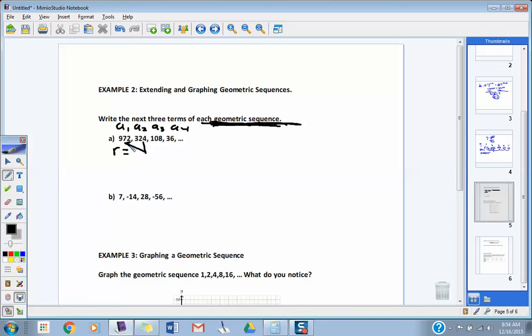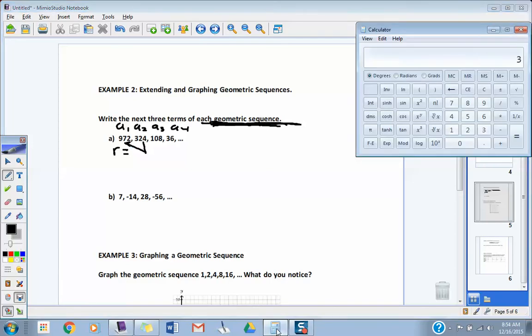Okay, so watch this real quickly, guys. I go 972 divided by, whoops, I've got that incorrect. I would go 324 divided by 972. What do I get there? 0.3 repeating, right? So that means to get my values now, I have to take all these times 0.3 repeating.